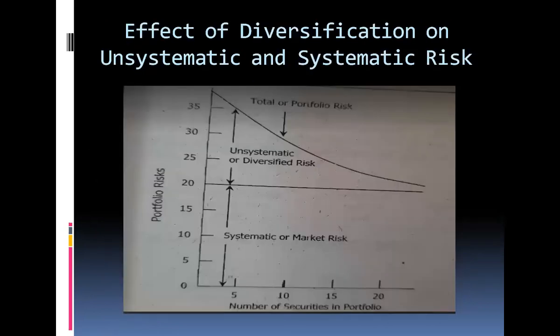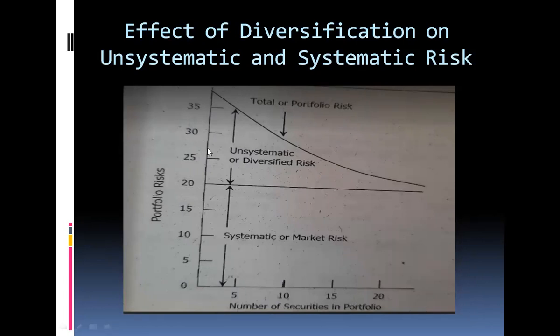This diagram shows the effect of diversification on unsystematic and systematic risk. Here is the number of securities in the portfolio, and here the portfolio risk. On top, this portion is the unsystematic or diversifiable risk, and here the systematic or market risk.